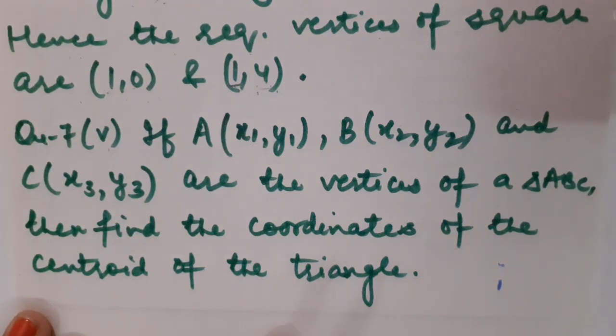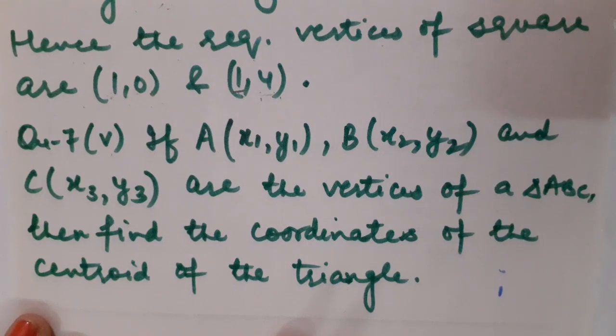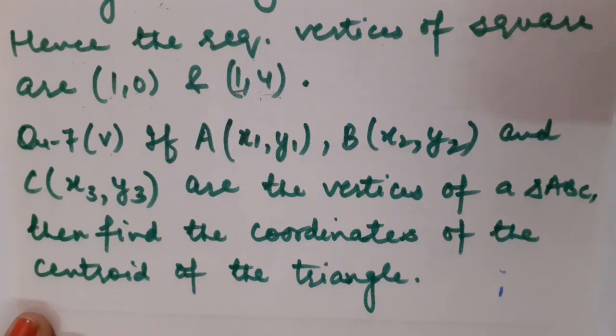Now the question arises, what do you mean by centroid? Centroid is basically that very point where all the medians meet. How many medians are drawn in a triangle? 3. Fine. Now what is a median? Median is nothing but a line segment which is drawn from any of the vertex and divides the opposite side in two equal parts.